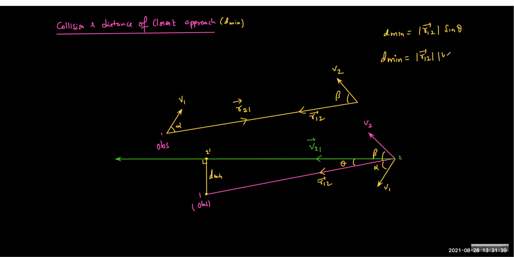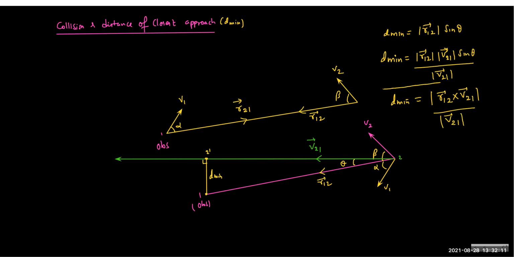I can multiply by V21 in the numerator and divide it here, because that will make no difference, right? If you look carefully, the numerator is nothing but the mod of the cross product R12 cross V21, upon mod V21. Now this is the vector form of writing the D minimum.